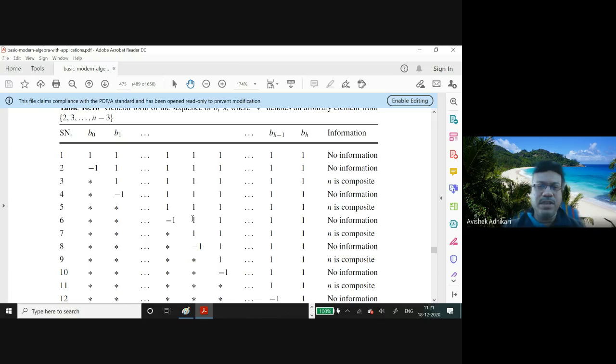For example, here from 1 you will have minus 1. That is valid, because square root of 1 is minus 1, that is also valid. But you cannot ask the question for minus 1, because we are not considering x square congruent to minus 1 modulo n. So our logic is only for x square congruent to 1 modulo n.